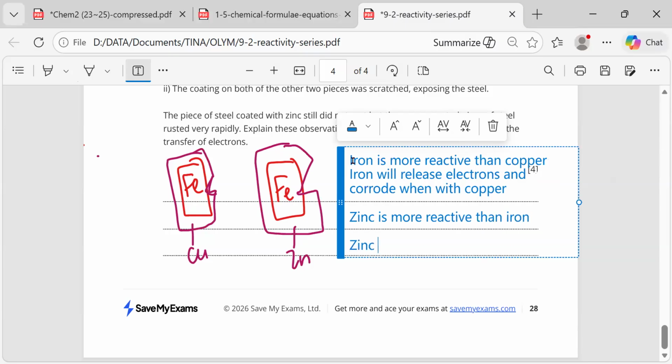Zinc will release electrons instead of iron.